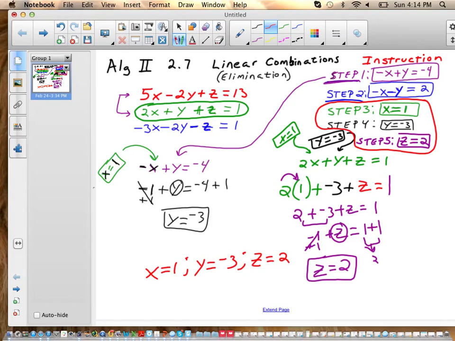Okay? So what do I have? I have 1, negative 3, and 2. And that's how I use the elimination process to solve for 3x3 linear combinations using elimination.